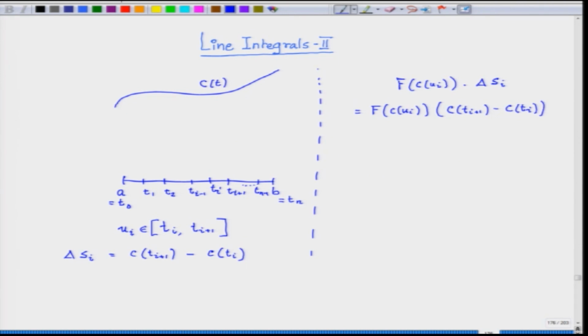Now, to get the Riemann sum, I need to sum this whole thing from i equal to 0 to i equal to n minus 1. So, this is the Riemann sum.